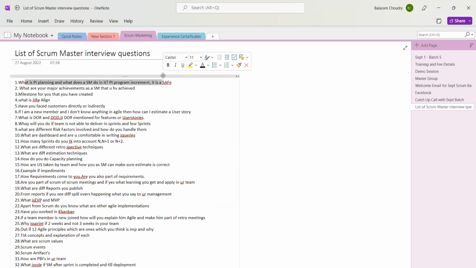You will plan the capacity for the entire 3 months duration, or for the duration of all the 5 sprints, and you will plan the load accordingly. Your velocity, capacity, everything gets calculated for all the 5 sprints together. Instead of one sprint, you are doing the planning for 5 sprints here.